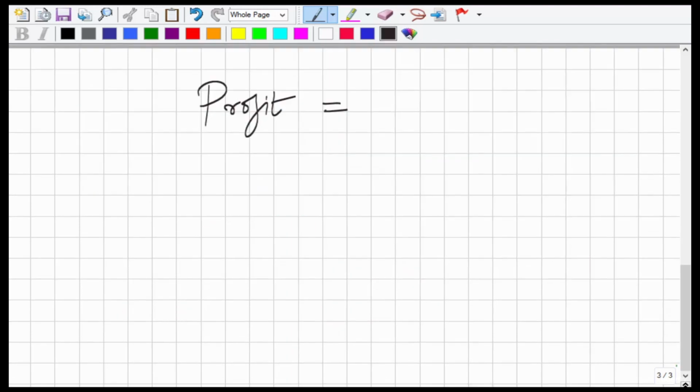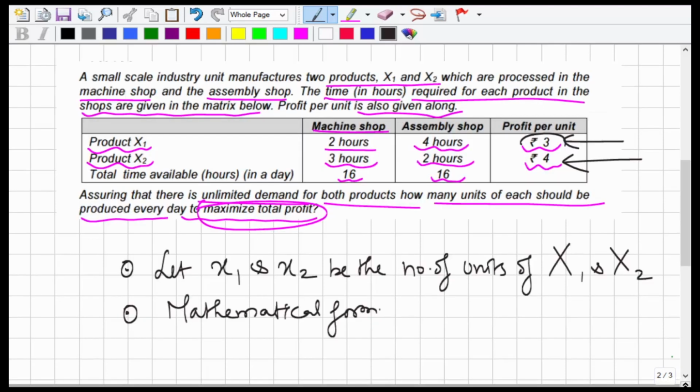So you have to sell a certain number of units of product X1, and that number of units will be denoted as x1. So it is 3x1 plus, for product X2, or to make it a little simpler, I'll call these product A and B. So product B should be sold x2 number of units.